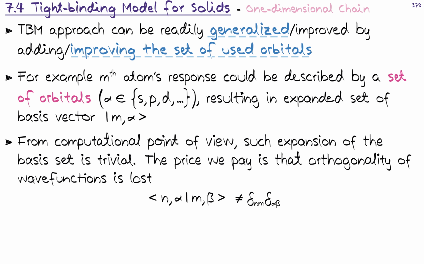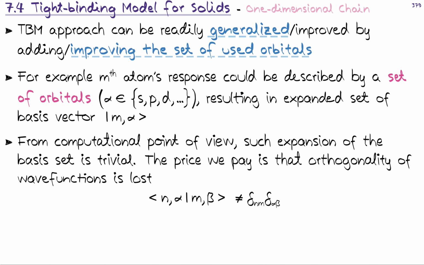But on the other hand, maybe we can be pragmatic about this, since this orthogonality condition was not entirely true to begin with, because we are looking for possibilities that the electrons are hopping from the nth atom's orbitals into the nth atom's orbitals, or between different orbitals in the same atom, so maybe this price we pay is not that bad.